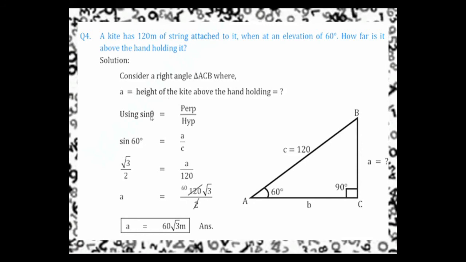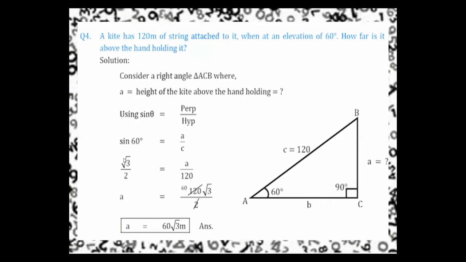We have to find the perpendicular, and the hypotenuse is given. So we use sine theta is equal to perpendicular upon hypotenuse, and the value of theta is 60 here. So sine 60 degree is equal to, instead of perpendicular we use A, for hypotenuse we use C. Now put the value of hypotenuse, that is 120, and the value of sine 60 degree is root 3 upon 2. Now we will simplify it. 120 is dividing here.